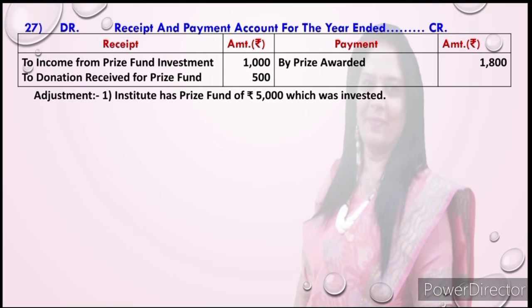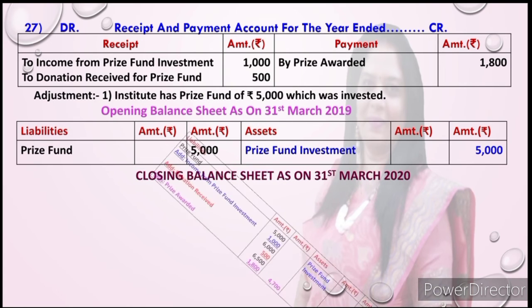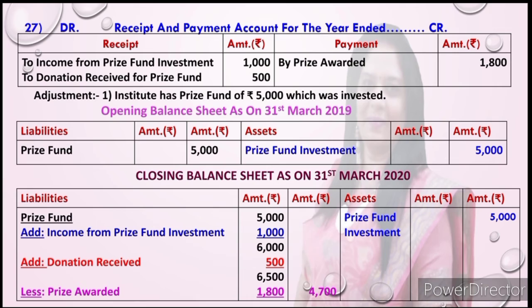Earlier the institution has a prize fund, so it will be recorded first in the opening balance sheet. On the liability side you have to record prize fund 5000, because it is given in the adjustment.